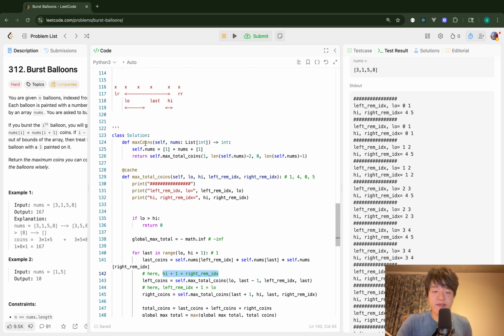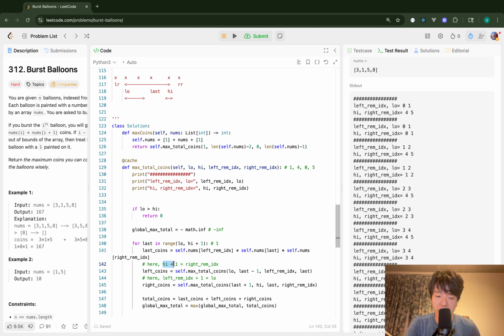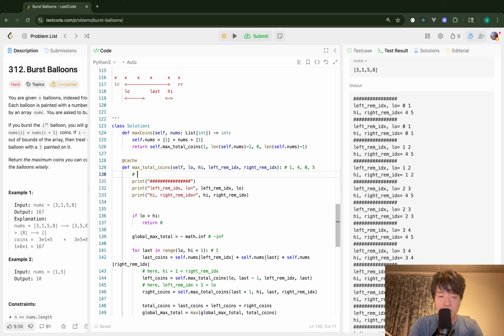So that being said, when I think of the high index and right remaining index, this one and this one are always adjacent.